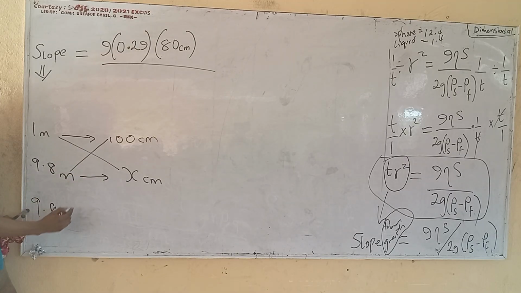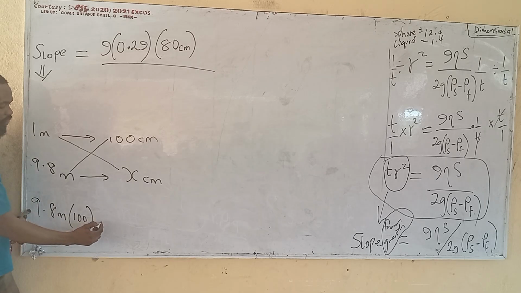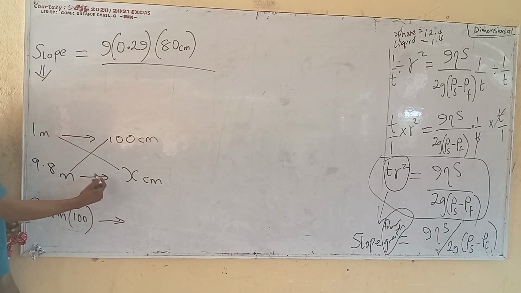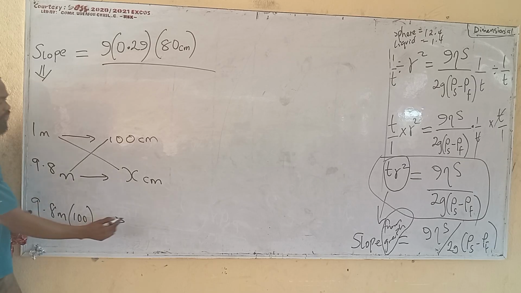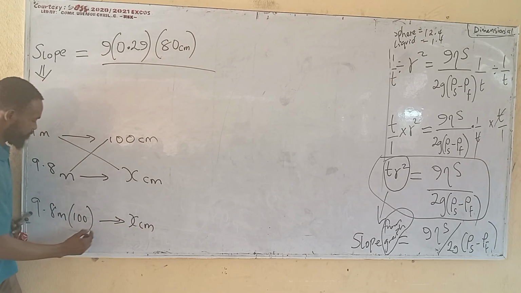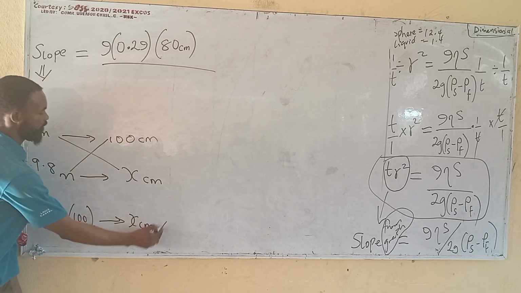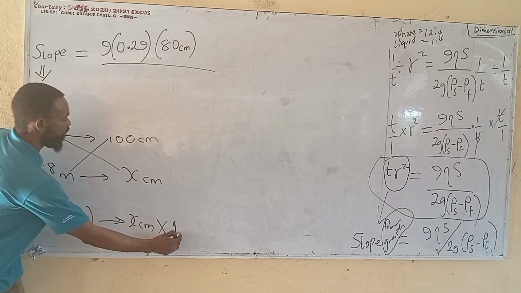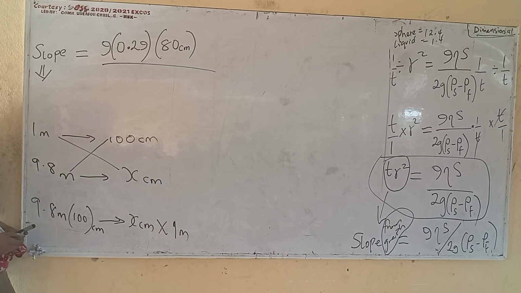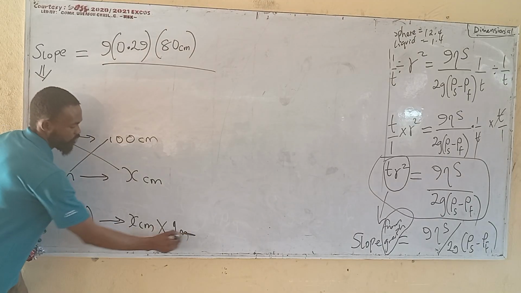So cross multiply. We have 9.8 times 1 meter equals x centimeter times 1 meter. But what we want is to convert to centimeters, so let this cancel this.